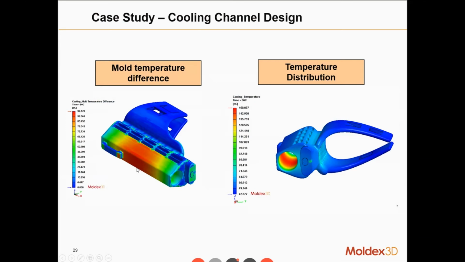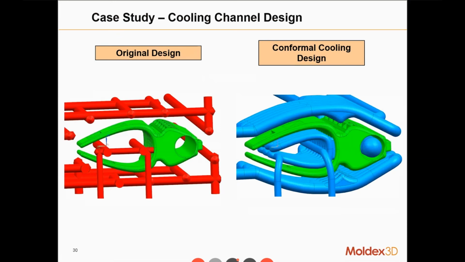Before changing the cooling channel, there is a mold temperature difference and temperature distribution. It is clear that this region has a high mold temperature, and the core of this product has a high temperature, meaning high heat accumulation. To improve this, they changed to a conformal cooling design.